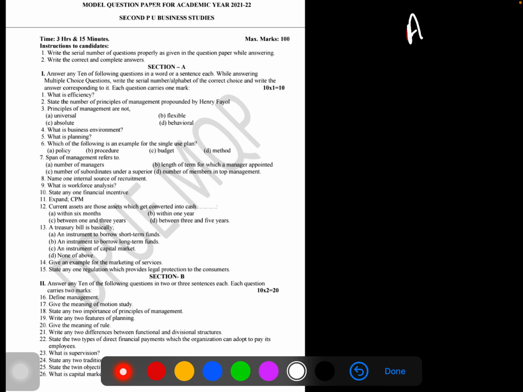In Section A, you have completely 1 mark questions. You have multiple choice, one sentence, one word, and fill in the blanks, so many different kinds of questions. Completely you have 15 questions, and you have to answer only 10 of them, and you're going to get 10 marks.